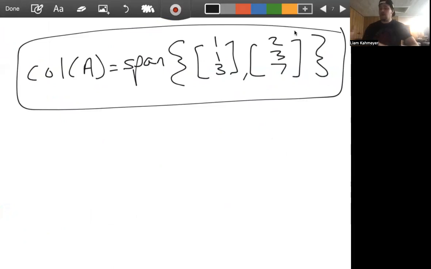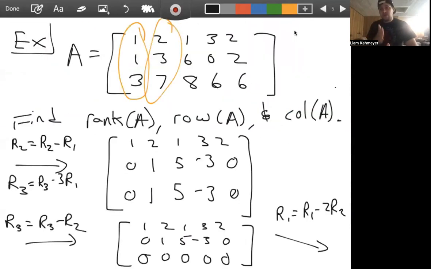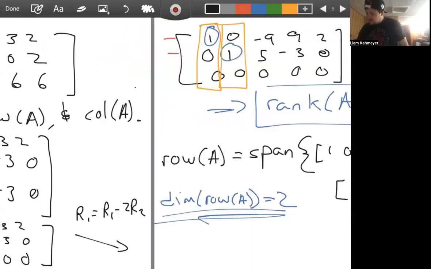If you had done column operations and put this in reduced row echelon form via column operations, then your column space would be preserved, and you would have to go back to the original matrix for your row space. But since we only ever do row operations, when it comes to finding the column space, you look at the pivot columns, and then you go back to the original matrix, and those columns are your basis vectors. Okay, let's do another example.